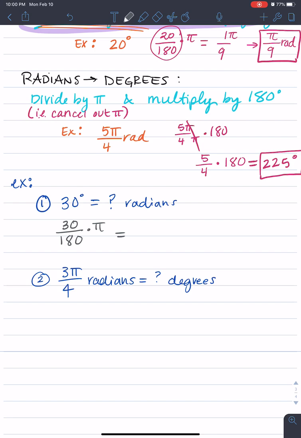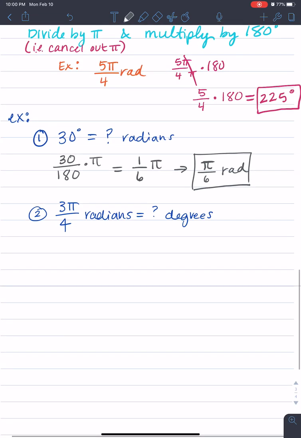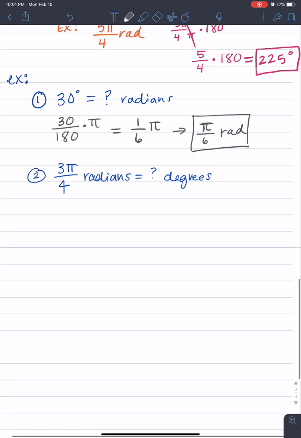Type in 30 over 180, which is going to end up being 1 over 6 pi, which I like to put that pi in the numerator. Either one is correct, though, so I'm okay with whatever you write as long as it's very clear that pi is not in the denominator. It's either in the numerator or it's next to the fraction. Okay, did you get it right? I'm so proud of you if you did.